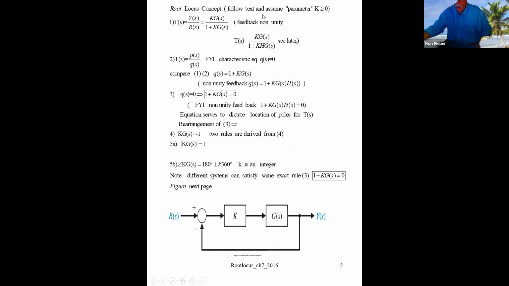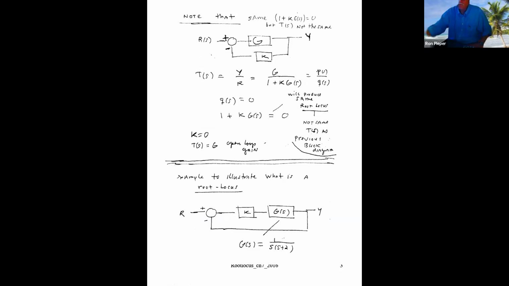Because with this diagram, the denominator is 1 plus k g of s. And with this one, the canonical form was also 1 plus k g of s. So there is no big secret here.